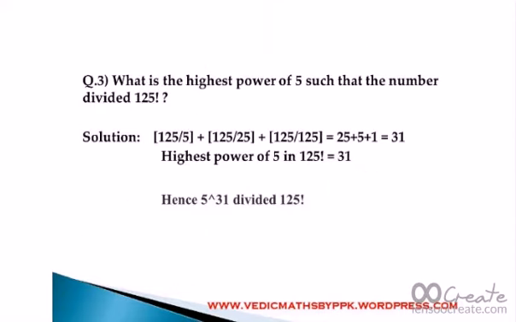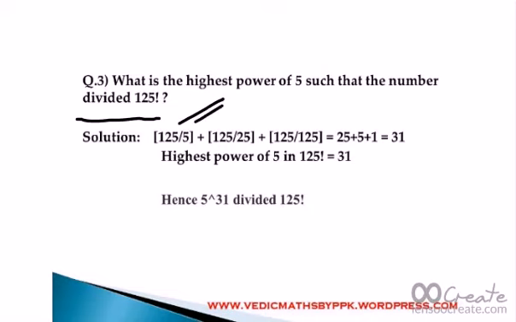Now, what is the highest power of 5 that divides 125 factorial? The solution goes like this. Divide 125 by the powers of 5, that is 5, 25, 125.